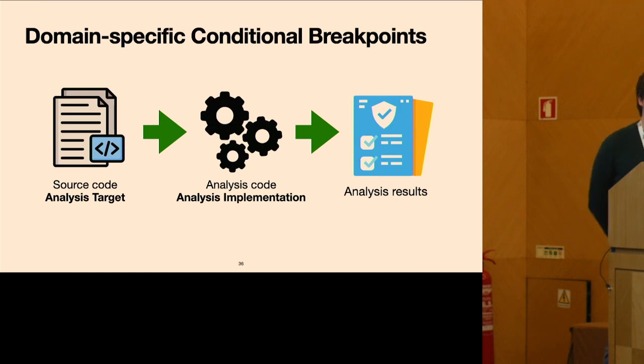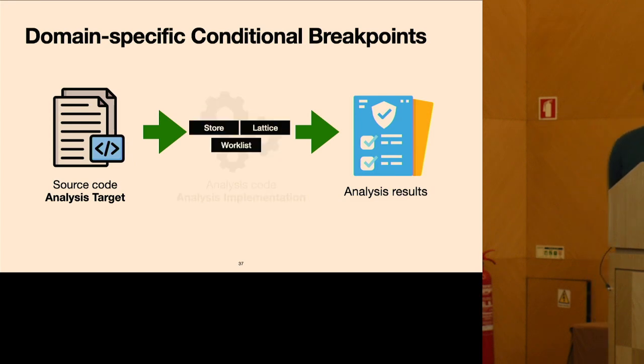And for that, we use domain-specific conditional breakpoints. And the breakpoints that we came up with are all related to the state of the analysis. And there are three parts of the state of the analysis which are important to us: the store that I have explained earlier, the lattice to represent our abstract values, and then the work list to see what components are added to our queue to be analyzed next.